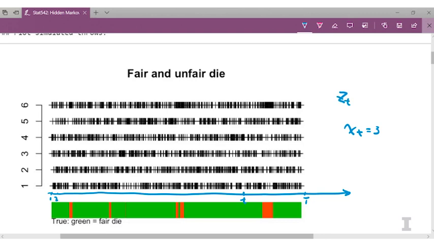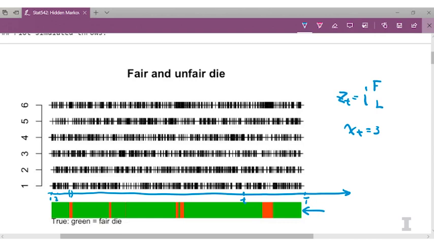Here, the hidden state takes 2 different values, either a fair die or a loaded die. So we'll be interested in going back to look at during which time which die is being used. For example, and this is actually from the algorithm, our algorithm can tell, well, during this time range, it seems the loaded die was used.